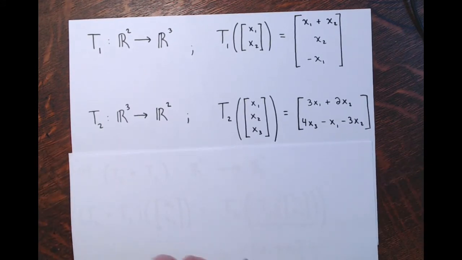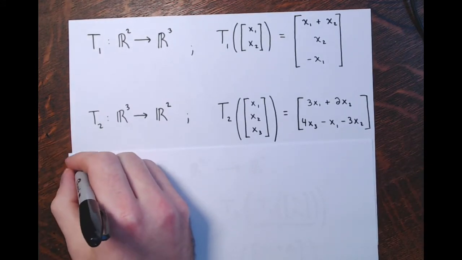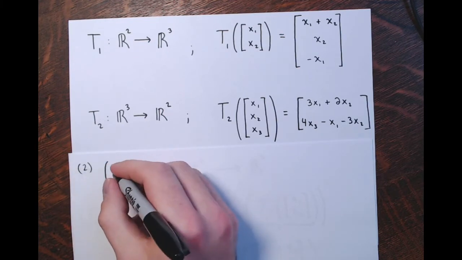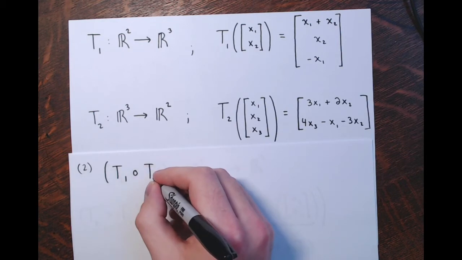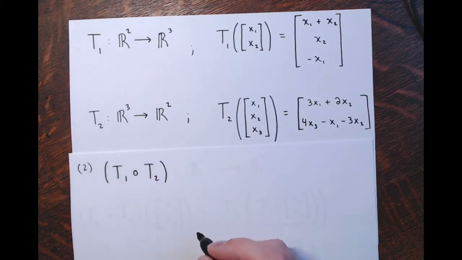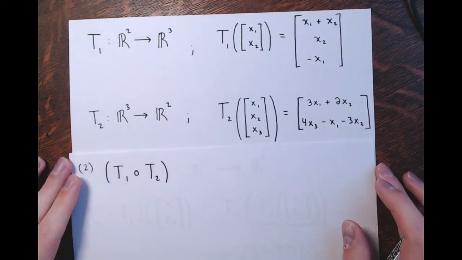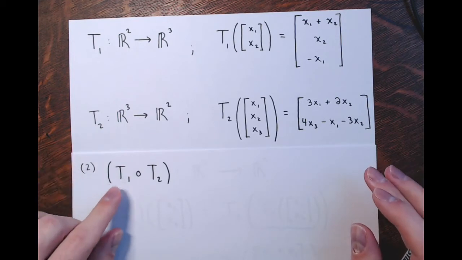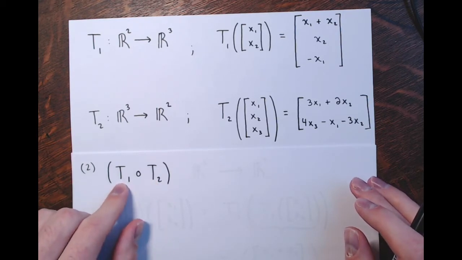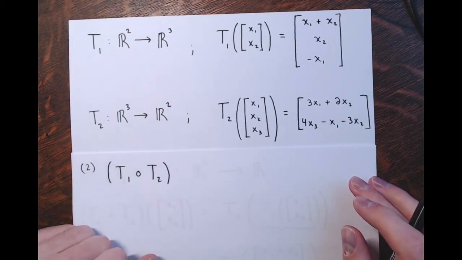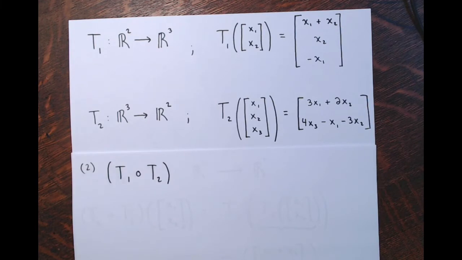But this time I want to find the composition T1 composed with T2, if I can. In order to do composition, the codomain of the right function has to be the same as the domain of the left function or transformation. And that's happening here as well.